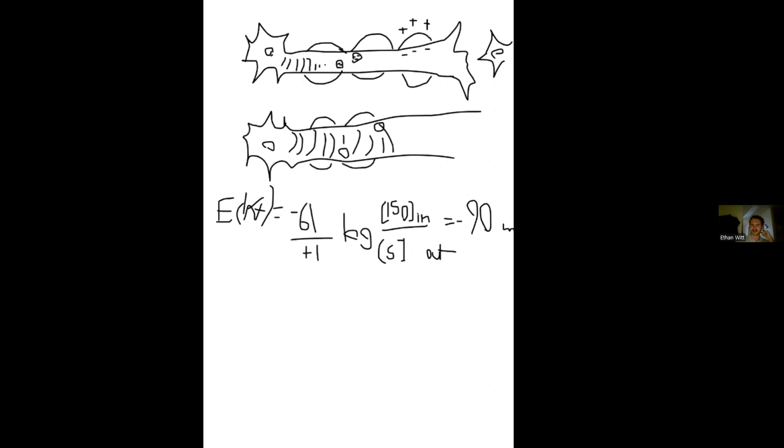Related to the Nernst equation is the driving force coming right off of it. It actually involves the equilibrium potential, which I'm going to represent with X, and membrane potential.